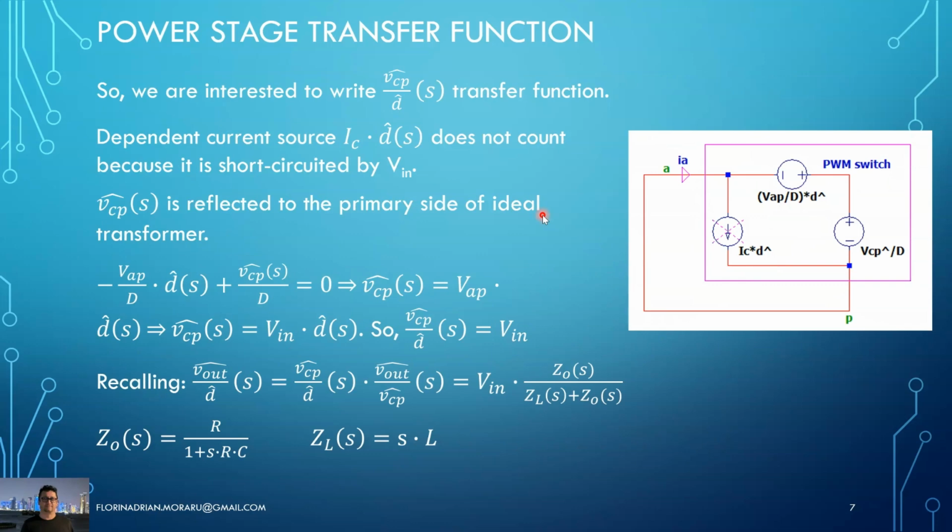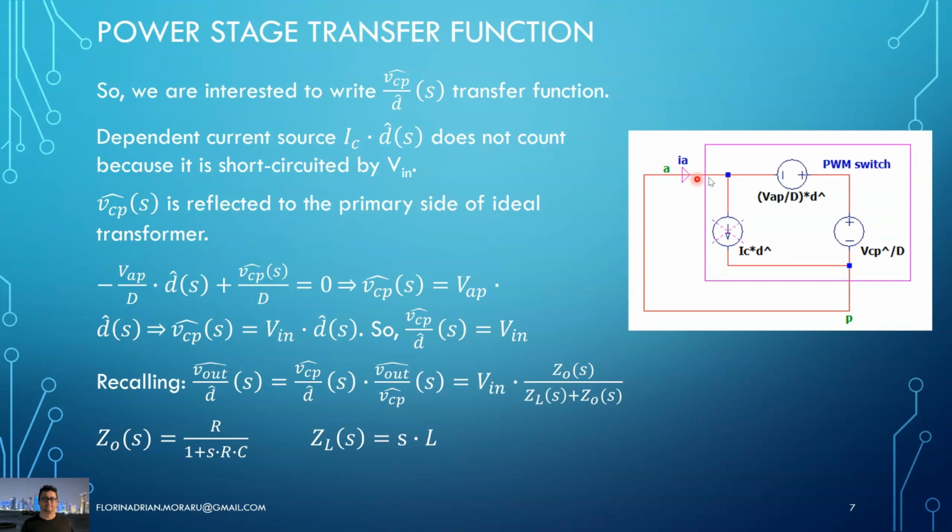So now we want to determine what the VCP of S over D of S transfer function is, because the other part we know already. In our PWM switch model, we said that in AC analysis the input voltage is just a short circuit. That will make this dependent current source not appear anymore in our model or in our equations, because it's short circuited.